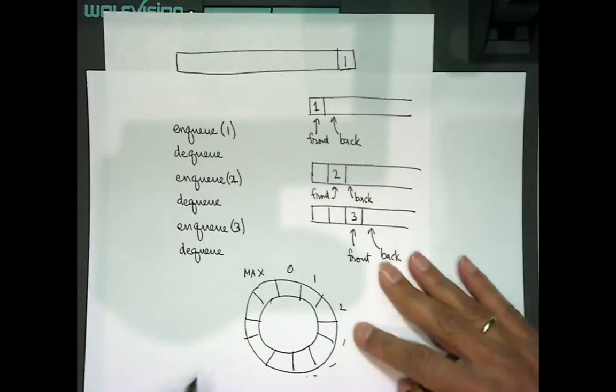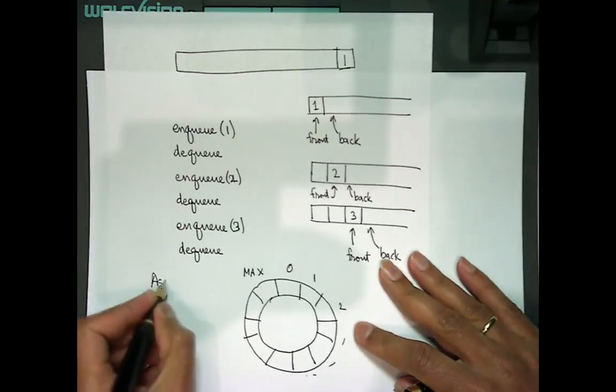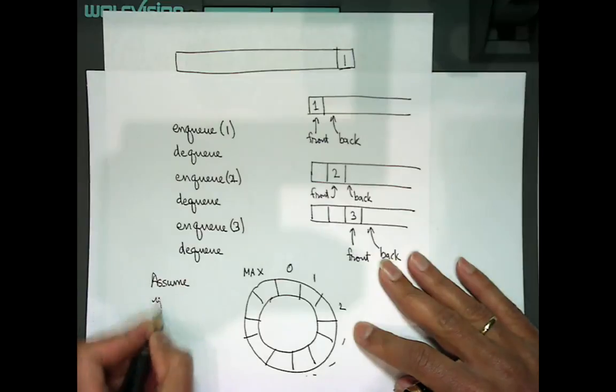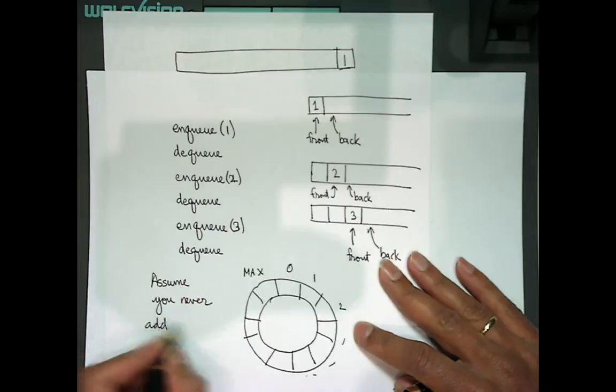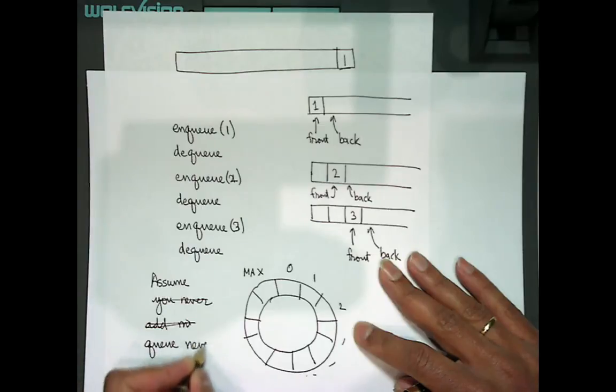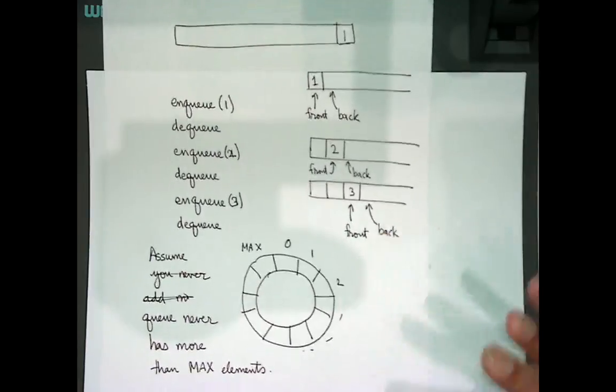So let's just assume Q never has more than max elements, which is a reasonable assumption.